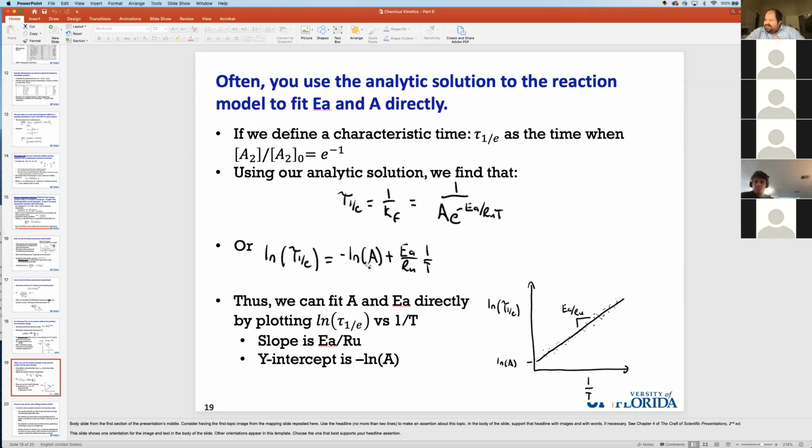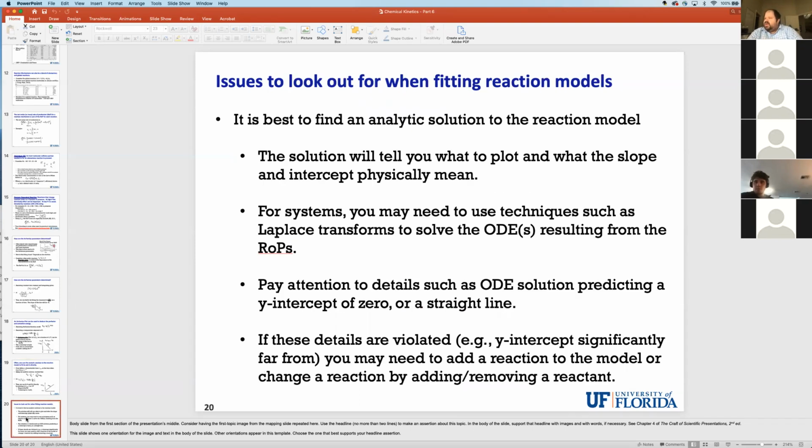And the theory predicts exactly 0. But yet, if the data shows that it is significantly far from 0, that usually means that there's something wrong with your proposed reaction model. So pay attention to things like that.